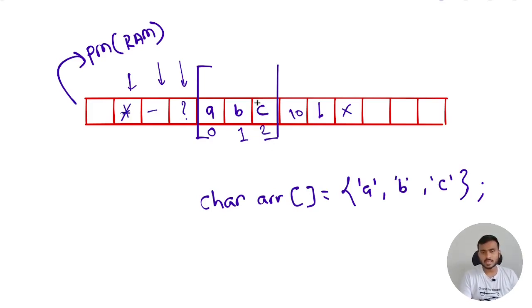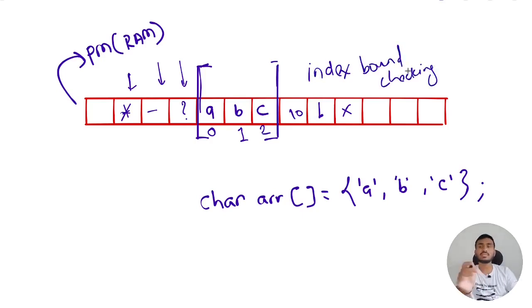So what happens is, see, we have this array which starts here and it ends here. So valid indexes are from 0 to 2, but C++ doesn't have any index bound checking. C++ leaves this to the programmer. C++ does not enforce any index bound checking, and that's why the programmer is free to use any index.